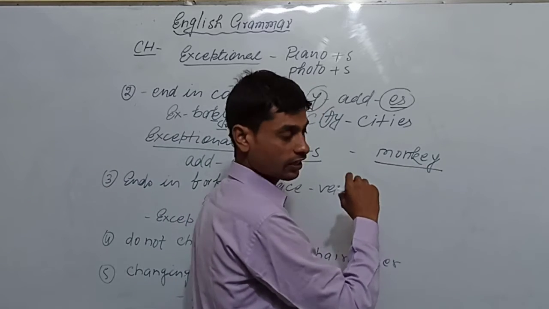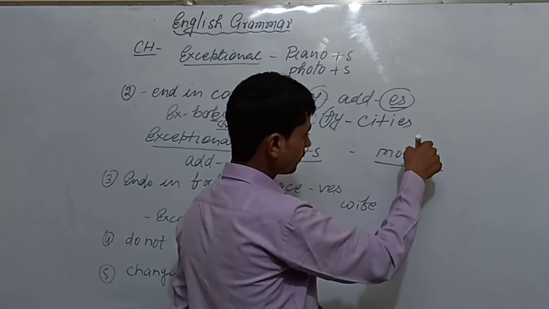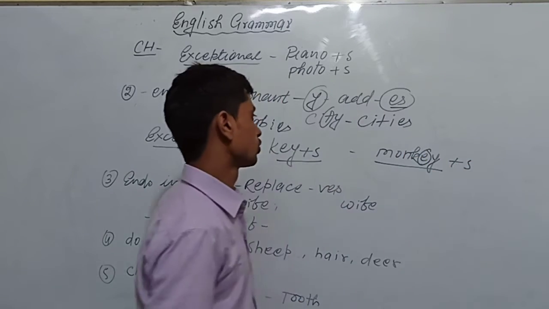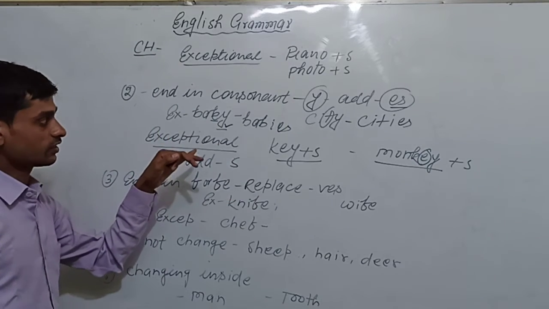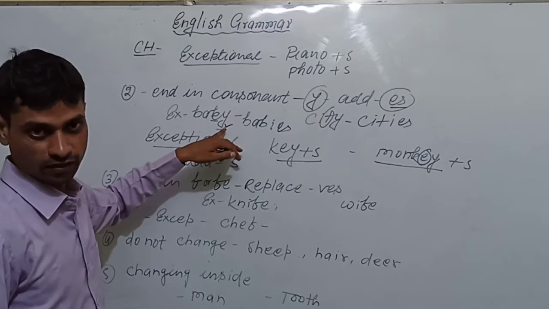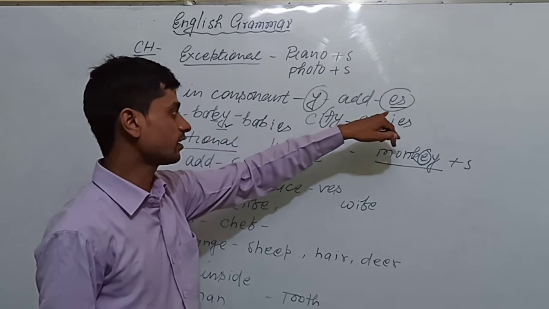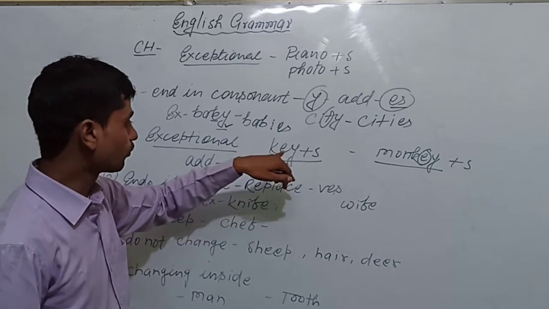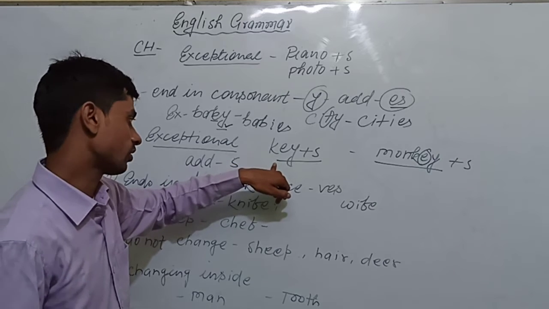Last letter y, and before y, what is here? E, a vowel. So only add s here. So remember the rule. If the word ends in y and before y there is a consonant, then add es, and if before y there is a vowel, then we add only s.